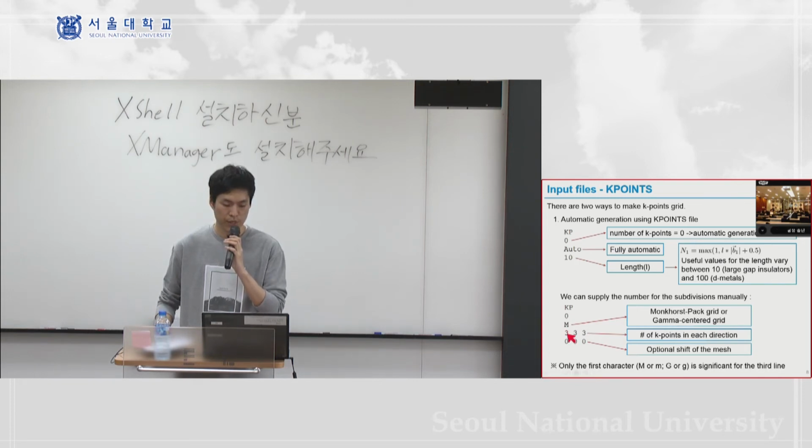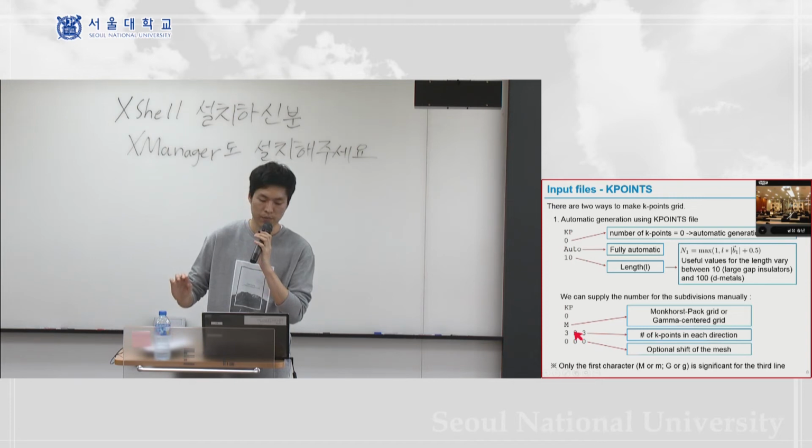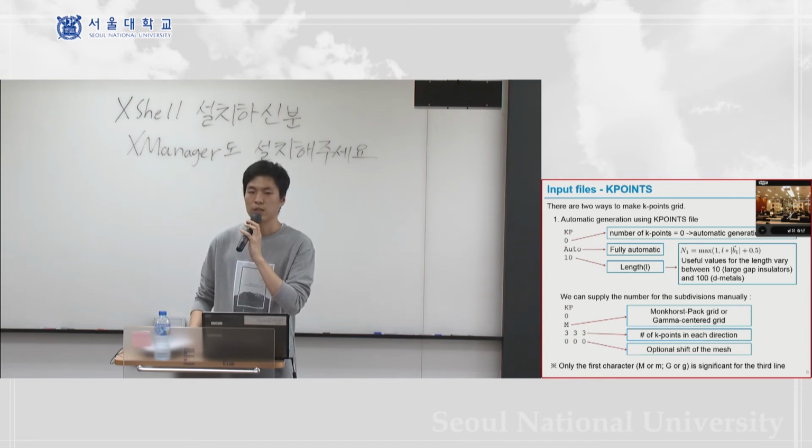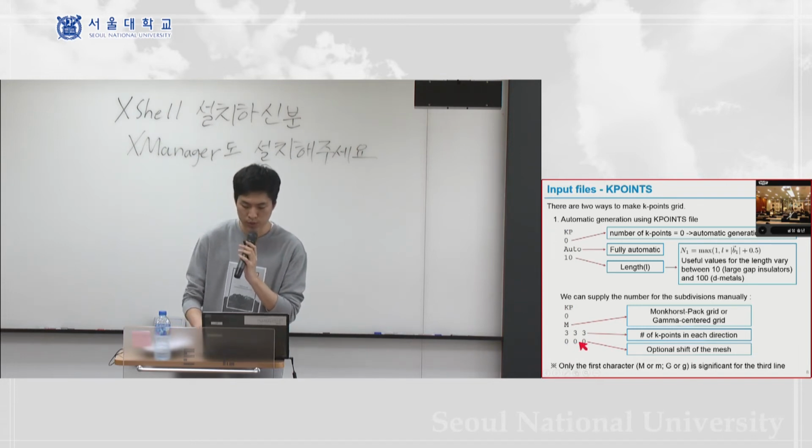So there are 3 k-points in the b1 direction, and also 3 in b2 and 3 in b3. So there will be 27 k-points. The next line indicates an optional shift, so you can just write 0 0 0 for most applications.